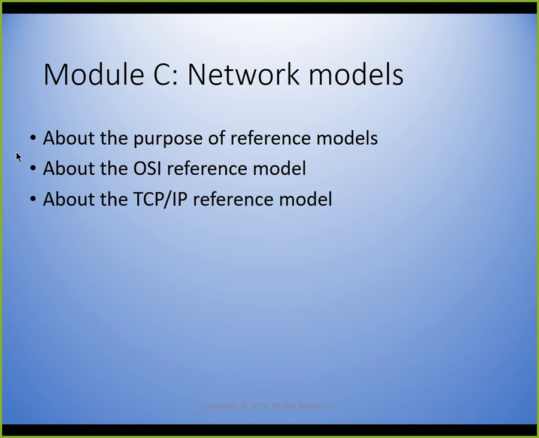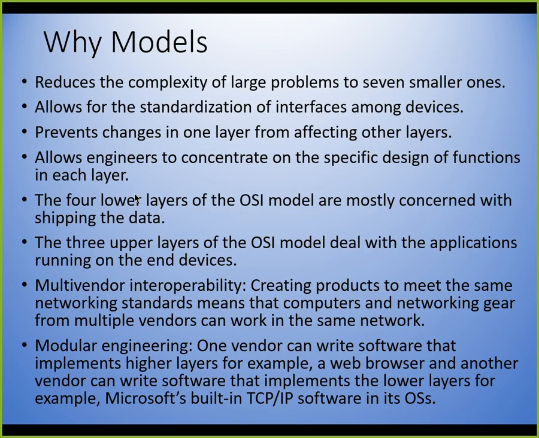The purposes of the models, about the OSI reference model, and then about the TCP/IP reference model. Once we do the OSI, the TCP/IP is simple because it just does the same thing as this layer, same thing as that layer. But the first one, and some of these I've got repeated on the next slide also, is why do we want to use models?